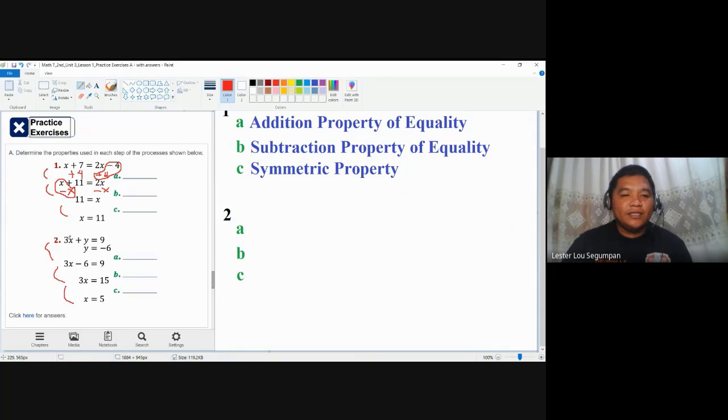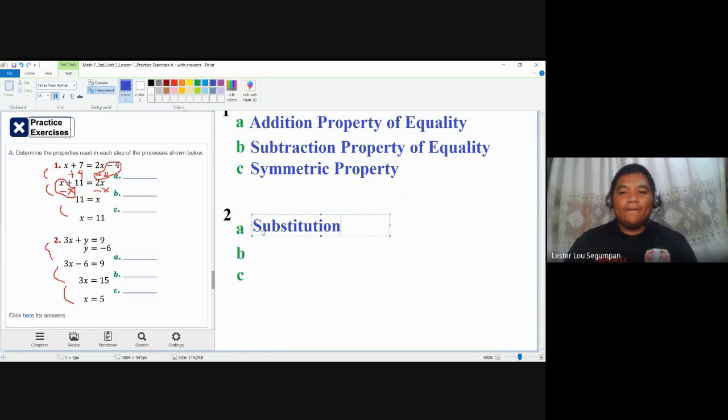That is why from the first step to the second step, instead of having 3x plus y equals 9, the positive y becomes negative 6, and it is now written as 3x minus 6 equals 9. This is still correct because we are simply following the property of substitution.